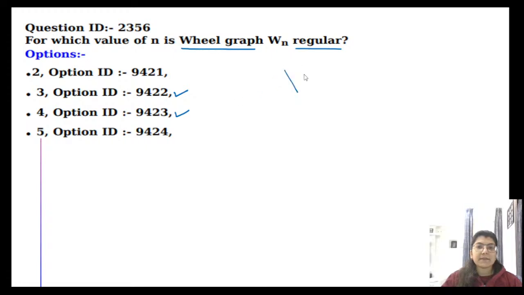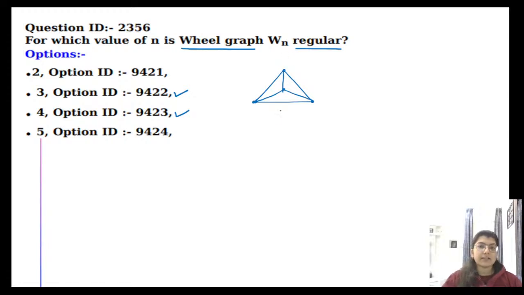ठीक है, मतलब जैसे कि if I'm trying to make you understand, suppose this is my graph. How many vertices are there? There are 3 vertices, right? So what I'll do, I will add this. Okay, now, see, in many books I have found this.